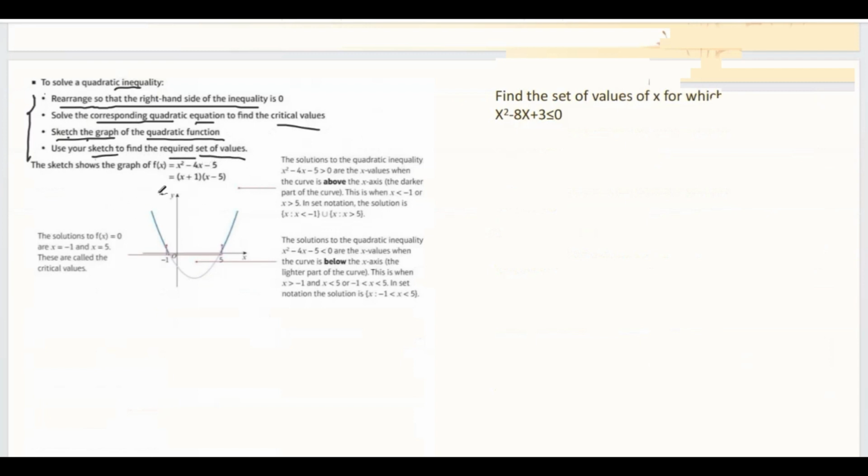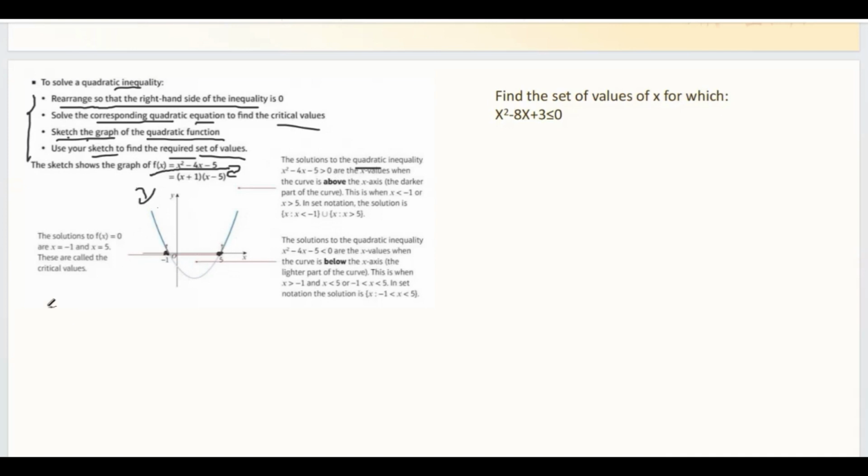So looking here, this is the quadratic equation. We factorize the quadratic and find the graph. The solution of the quadratic inequality would be here.